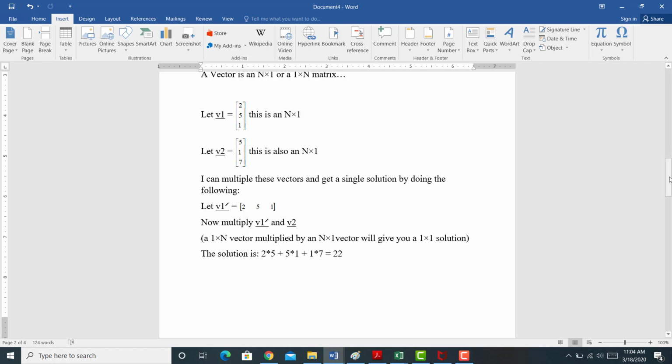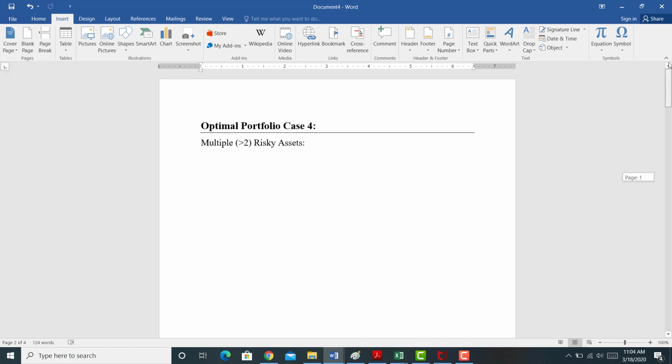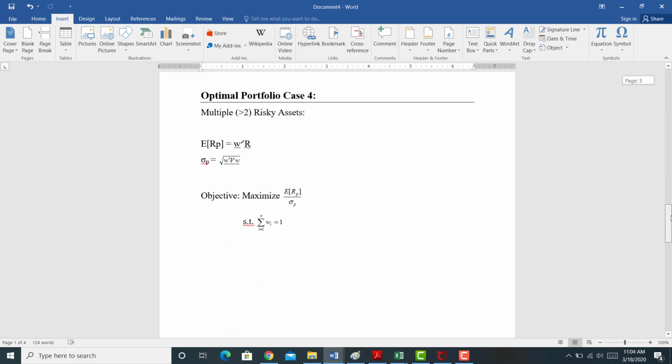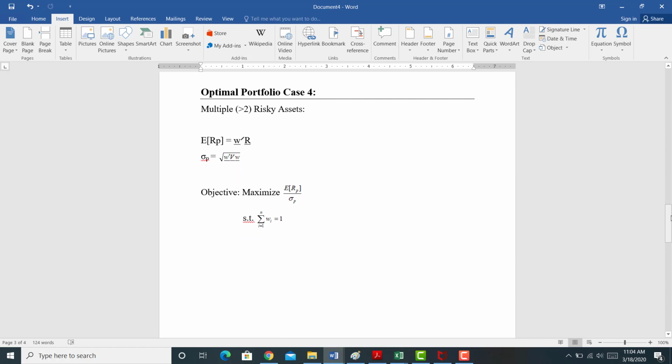To find the optimal portfolio of multiple risky assets, I'm going to do something very simple. I'm going to have to use a program, and I'll use Excel to do this. I'm going to find the expected return of the portfolio, which is the weight vector, where the weights are each individual weight that I'll put on each individual asset. I'm going to transpose that weight vector and multiply it by a return vector.